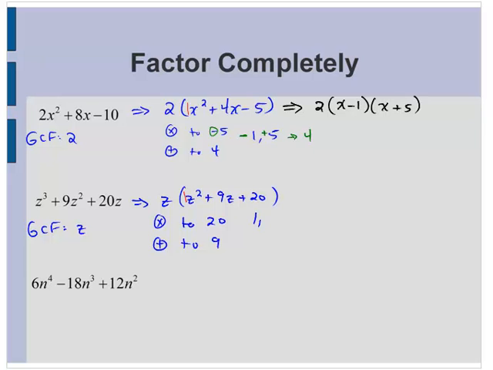The factor pairs for 20 are 1 and 20, 2 and 10, 4 and 5. Since it's a positive 20, finding the sums, 1 plus 20 is 21, 2 plus 10 is 12, 4 plus 5 is 9. 4 and 5 is the pair of numbers I want, and both positive, as the sign on the second term is positive. So I would write the completely factored form as z times z plus 4 times z plus 5.